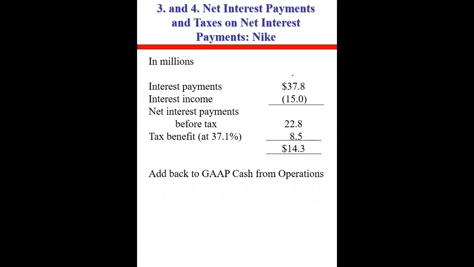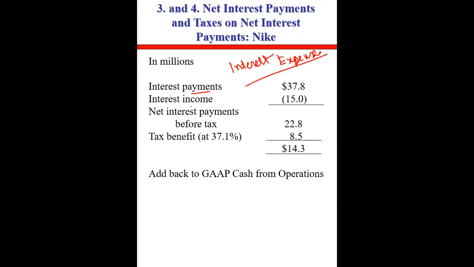For Nike, this interest payment and interest income will come from the financial statements. You know there is a difference between interest expense and interest payment. One is accrual based, another one is cash based. So these are cash based.